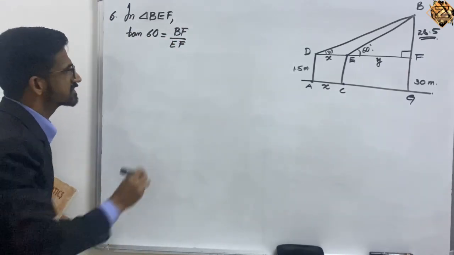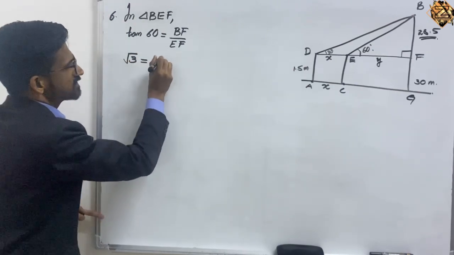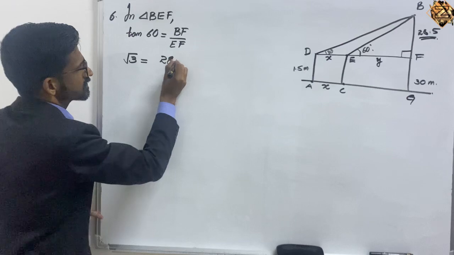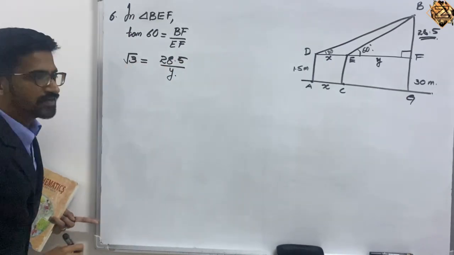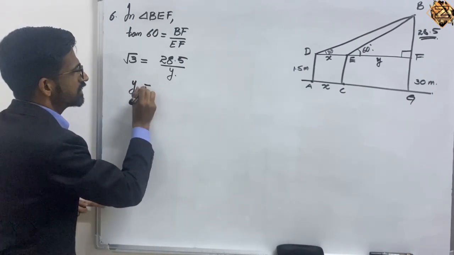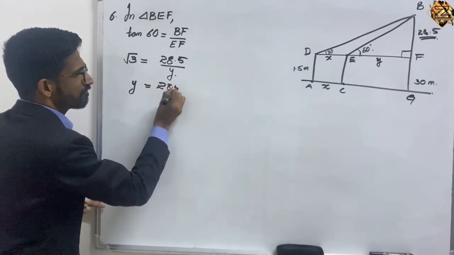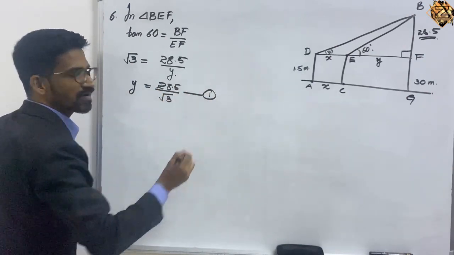The value of tan 60 is root 3 equal to BF, it is 28.5 by Y. Here we know Y is a common side, so I will make an equation using Y, that is Y equal to 28.5 by root 3, which is equation 1.